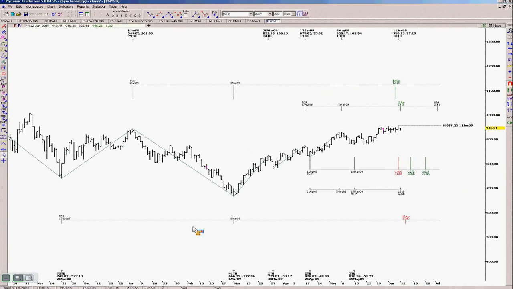An alternate time projection is comparing a swing in the same direction. So in this case, I did one where I took the April 21st low. Let me see if I can. I'm not seeing a pointer here.